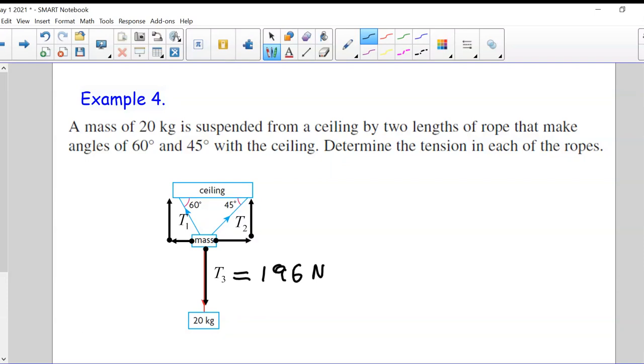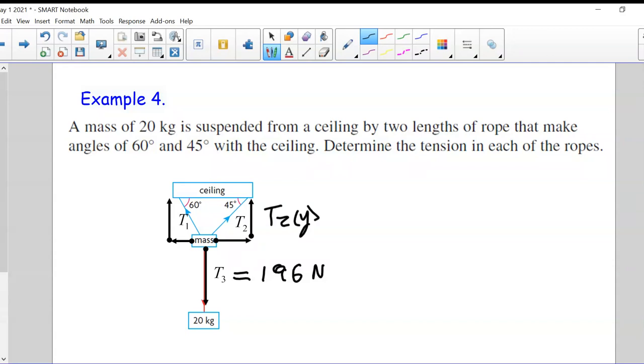Now, that force pushing down, so vertically downward, is exactly balanced by the component of the T2 vector which is pushing up. So this component here, I think I'll call it T2y, in other words, the y component.